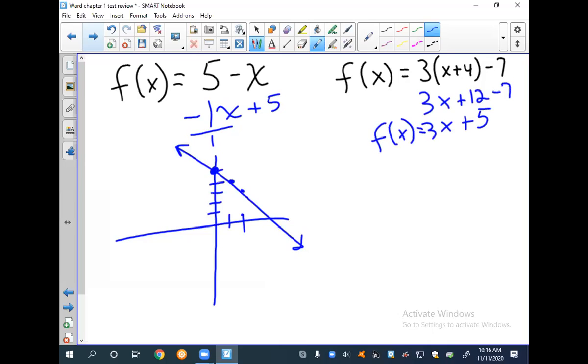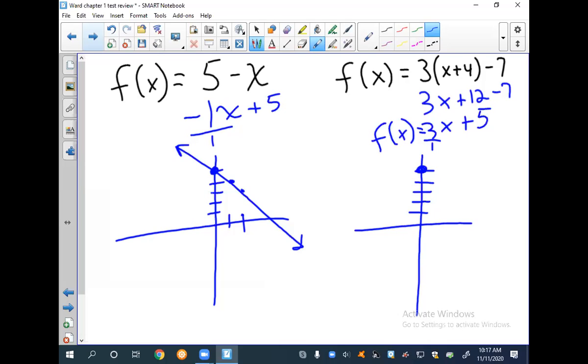So if I said, hey, go graph it, your first dot would be on the y-axis. Where at? 5. That number in front of the x tells you the slope is doing what? Up 3 over 1. Since I'm already kind of at the top of my graph, could I go down 3 over 1?